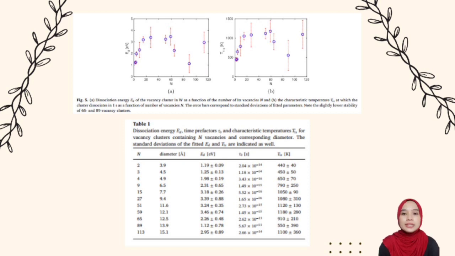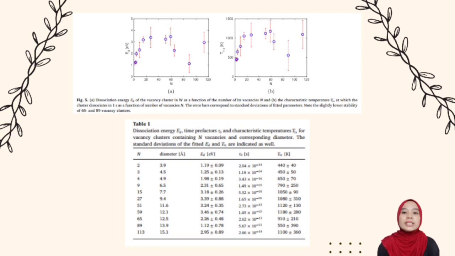They report a dissociation barrier of 1.0 electron volt, while our value is lower at 1.19 electron volt. They observe qualitatively the same behavior of the characteristic temperature, with an increase with the number of vacancies and a tendency to saturate at a higher number of vacancies.